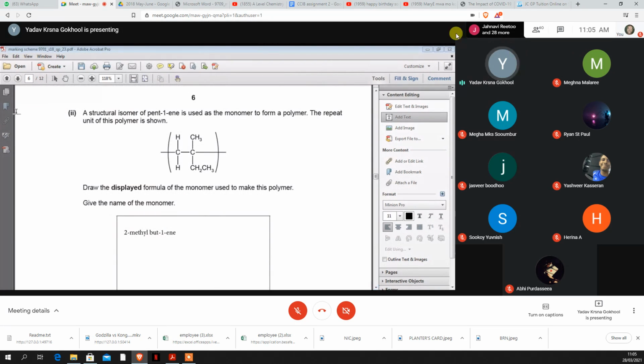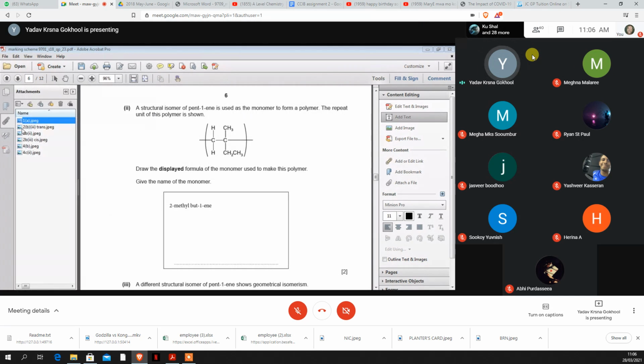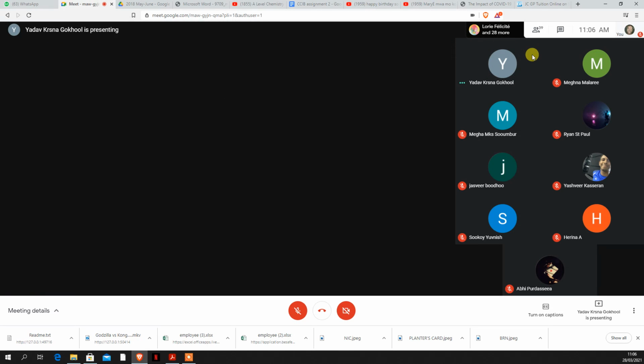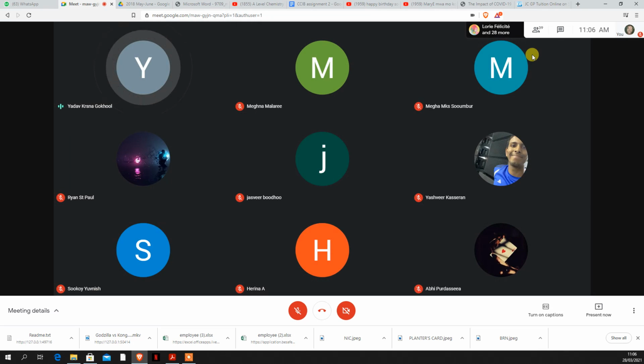For the monomer, we need just to have a double bond over here between the carbon-carbon atoms which are horizontal. This one. So you could have shown it in any way, how it is, okay?